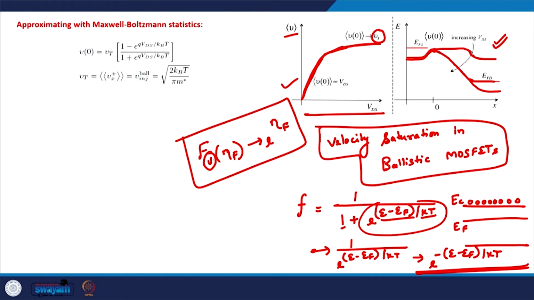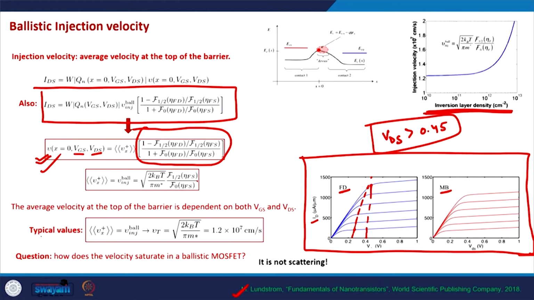So if we do that, then all these Fermi-Dirac integrals here can be approximated by the exponentials.